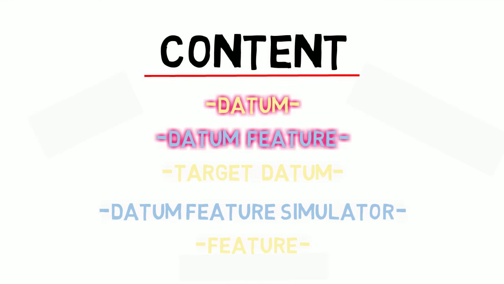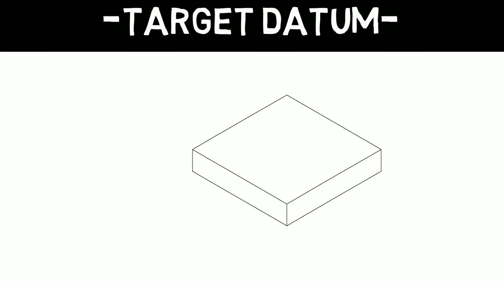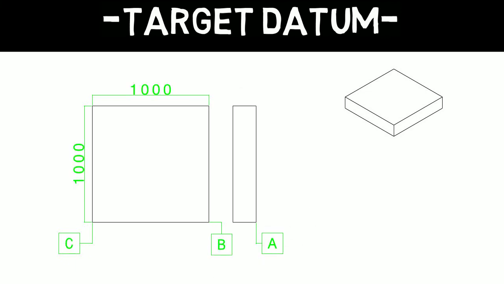Now the next point is target datum. Consider a plate with a very big size like 1000 by 1000 mm. This is a drawing. Here we have given datum A, this datum B and C. You can check here this datum A is too large and it's very complex to put this much datum on a simulator.